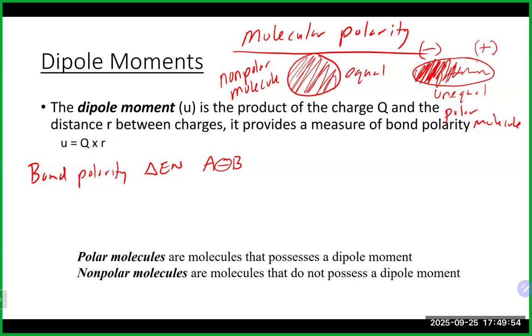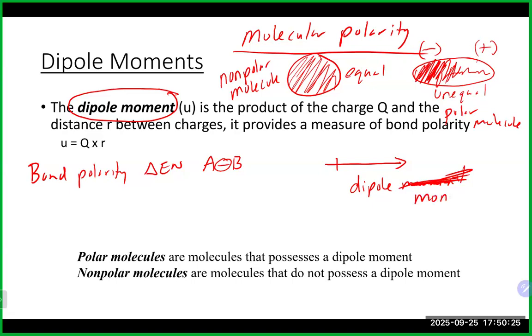Now, if it is a polar molecule, it will have what is known as a dipole moment. And a dipole moment is actually represented with the same arrow that we used earlier with bond polarity. So we do use the same type of arrow as we did earlier. And any polar molecule will have a dipole moment. And the arrow basically works the same way as it did with bond dipoles.